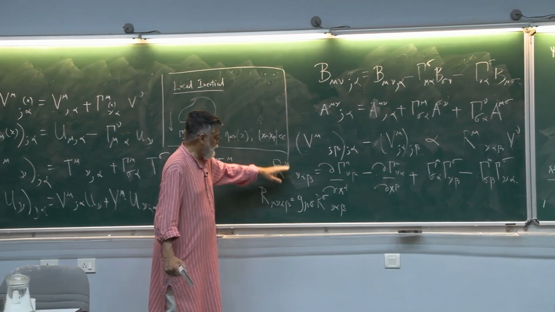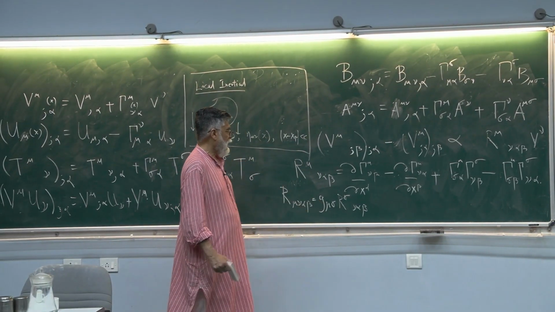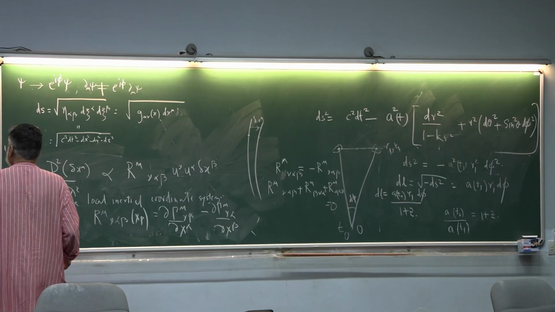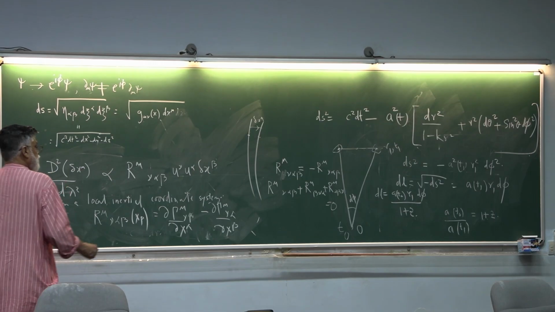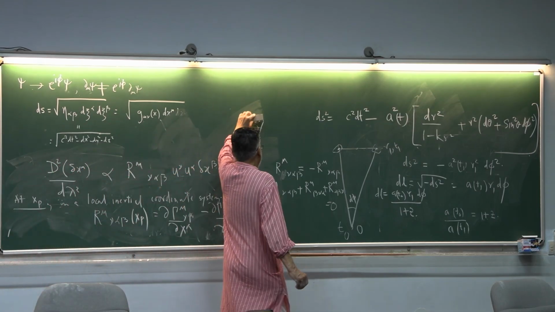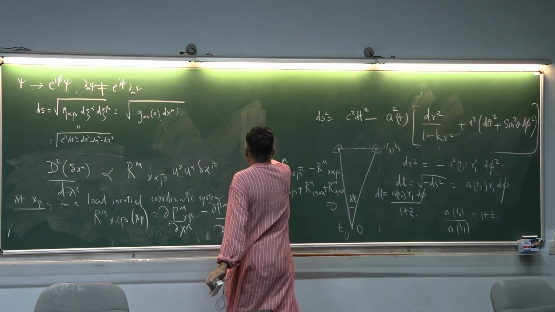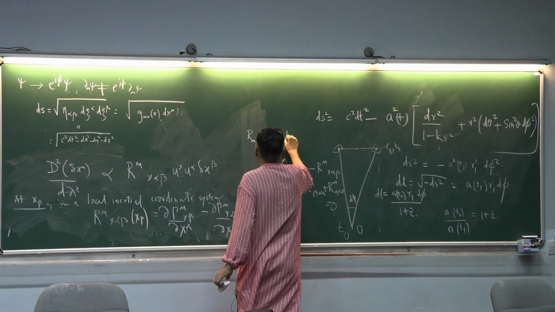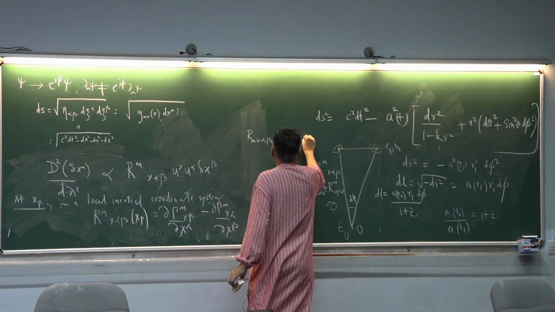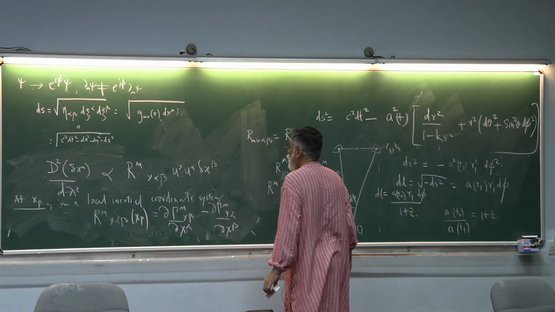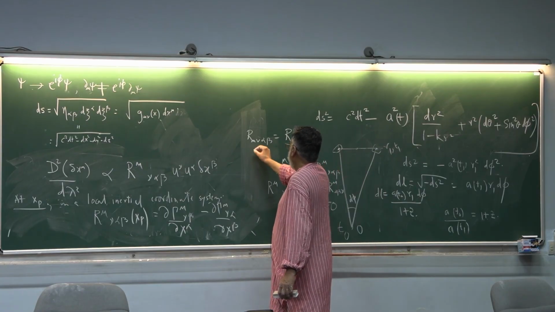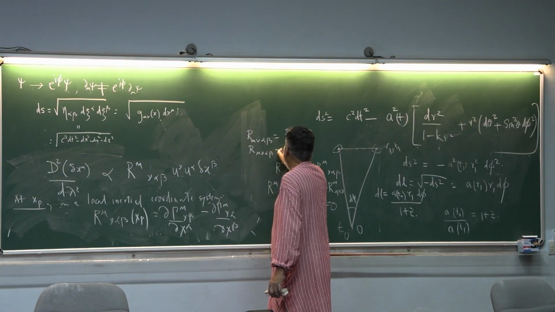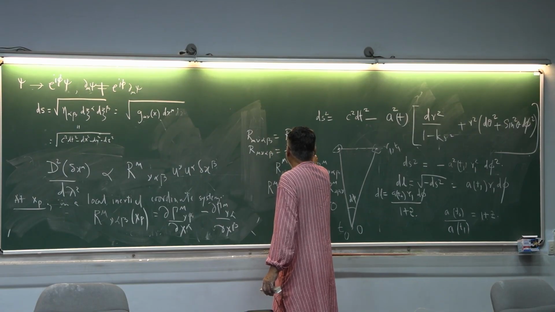You have lowered the upper index using the metric tensor, and you can prove that there are other properties. You can prove that R mu nu alpha beta is the same as R alpha beta mu nu. And similarly, R mu nu alpha beta is minus R nu mu alpha beta.